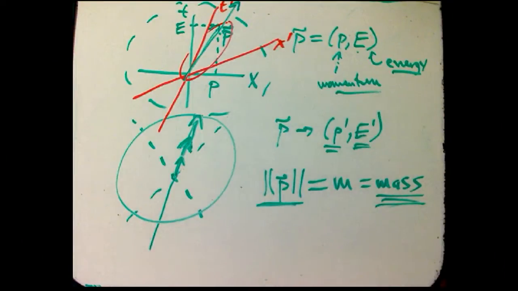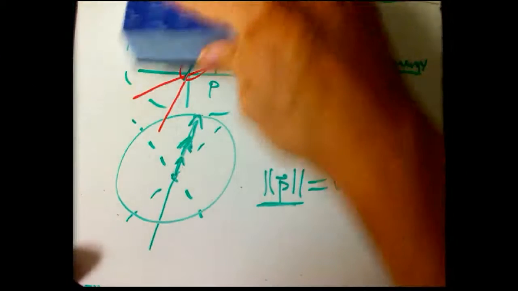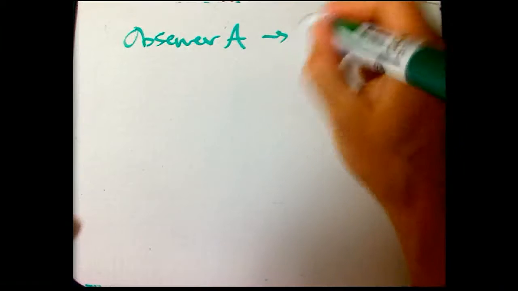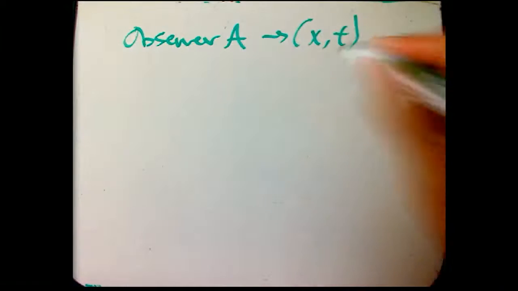Okay, and so I want to start doing some formulas now to convince you that that isn't just a fake use of the word mass, that it will actually roughly correspond to how mass, energy, and momentum, all these words, are used in Newtonian mechanics, but with very interesting modifications for high velocities. Okay, so let's say we have an observer A and coordinate system x and t for that observer.